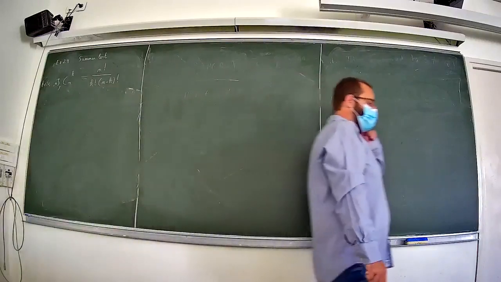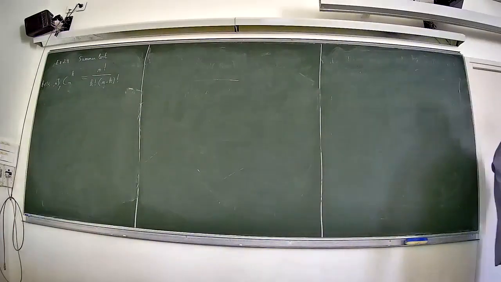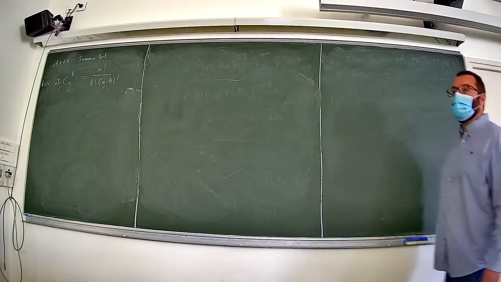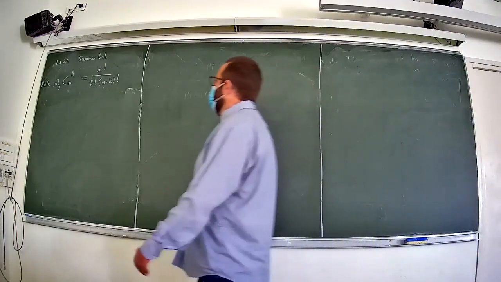It's explained in the second part of the slide of the prerequisites. So what is this number and why is it a special number with a particular name, C(n,k)?